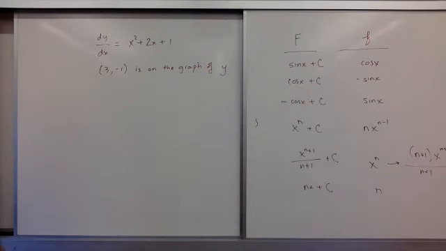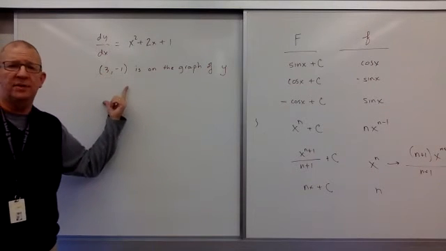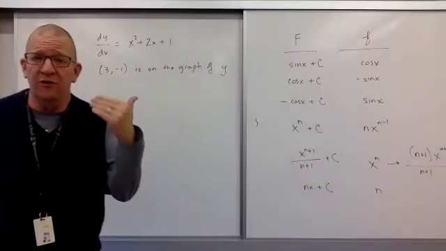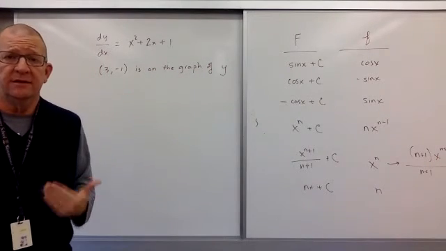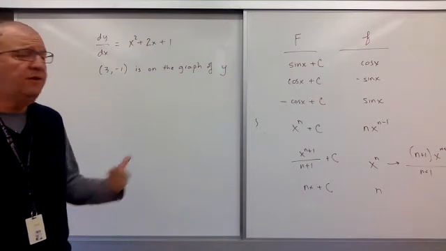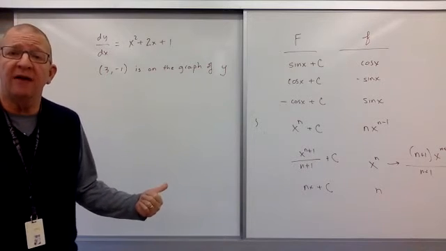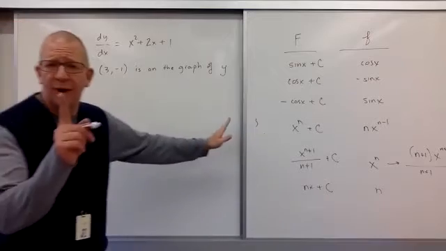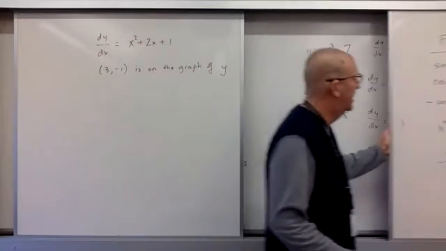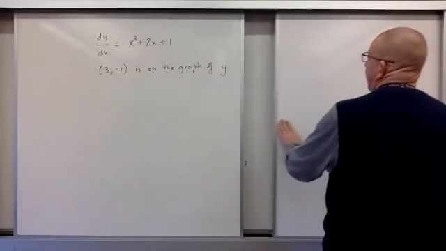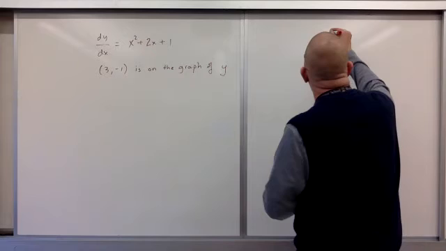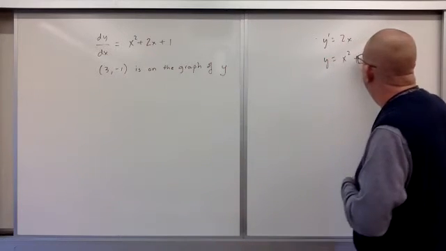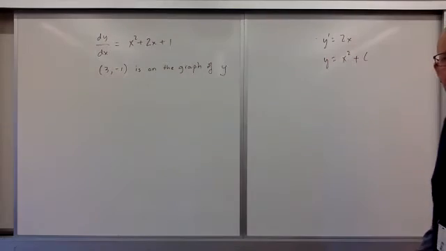Okay, so let's see. How does that help us? Well, that narrows it down, right? All those plus c's, it narrows it down if you know a point on the actual graph, right? You don't have to write this down, but just think about it for a second. Think about y prime is 2x. That means y is x squared plus some constant, right?